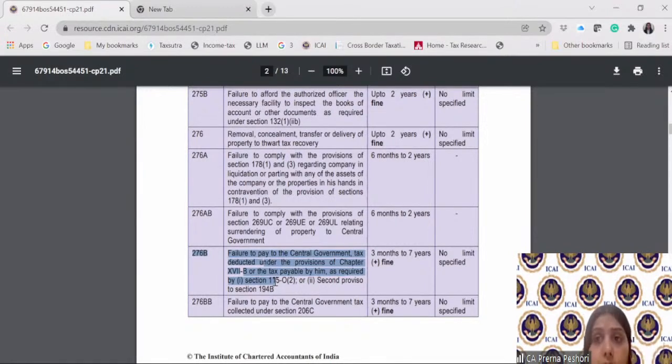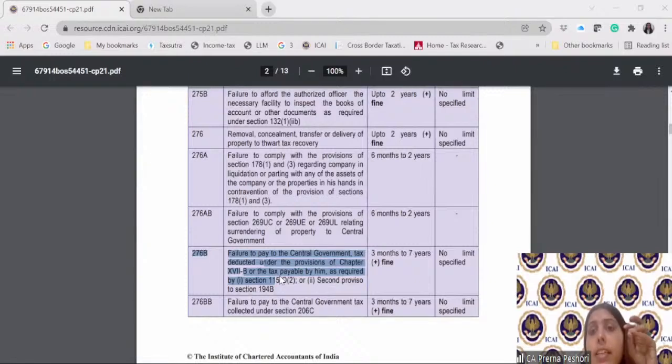So for TDS, remember one thing: there are these case study type questions which are asked in TDS. Whenever you get any question, and say, for example, the case study mentions that the assessee has not deducted, or has failed to pay the tax which is deducted by him, then what you can write is that, of course, first of all the assessee is going to be treated as assessee in default, which is under 221.